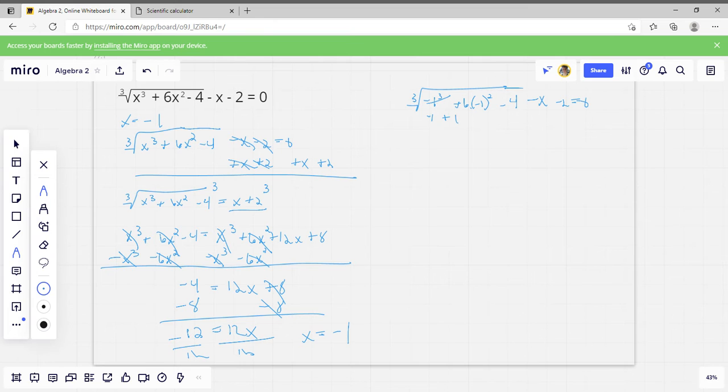So that would be 1 times 6 is 6, minus 4 would be 2. 2 minus 1 is 1. So that's the third root of 1 minus negative 1 minus 2 equals 0.